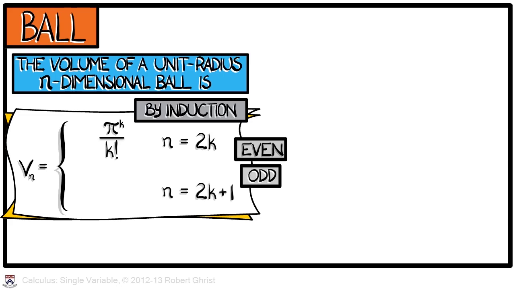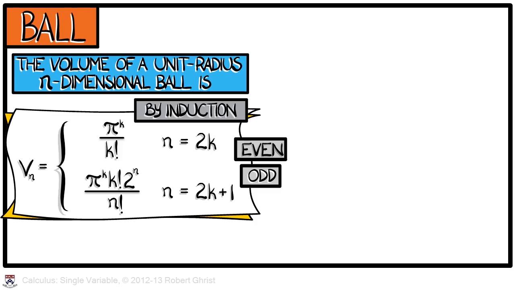When n is odd, that is 2k plus 1, then the volume is pi to the k times k factorial times 2 to the n over n factorial. Whew, that's kind of complicated. We'll show you how to get this in the bonus material.